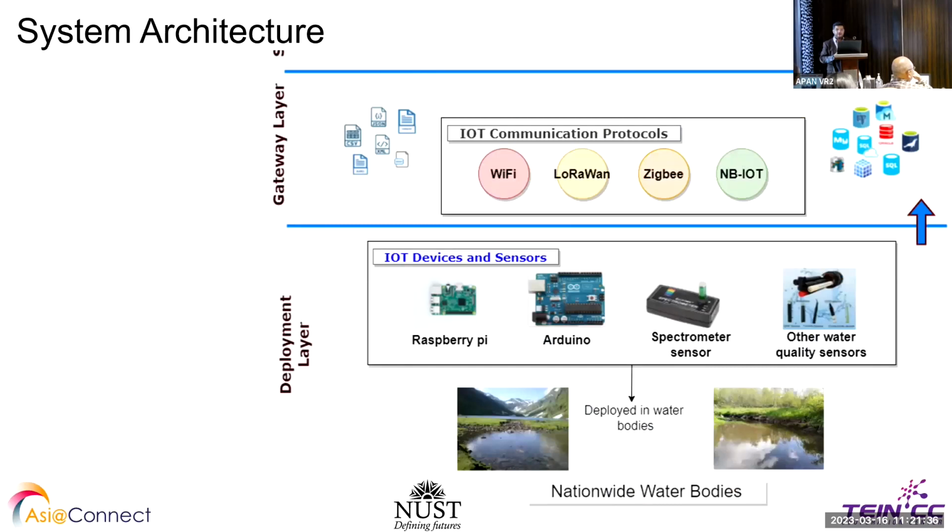At the bottom, we have the deployment layer where we deploy an IoT system, maybe Arduino or some other microcontrollers on which a set of sensors are connected. Once sensing data is gathered at a water body, it needs to be communicated back to the server.